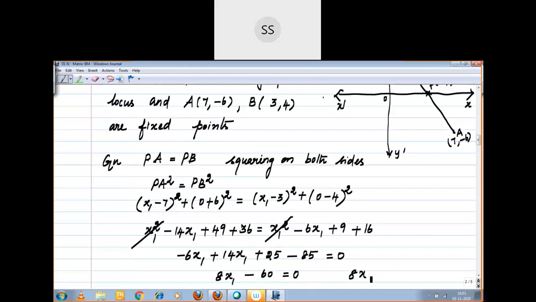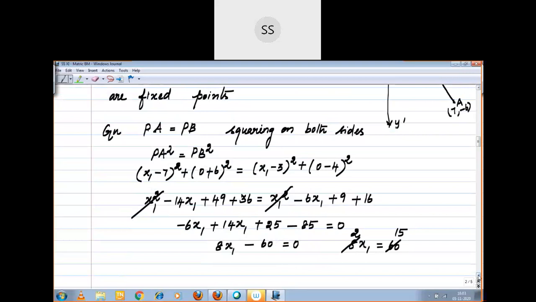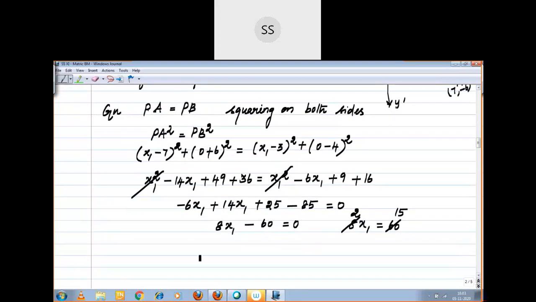Now minus 6x1 plus 14x1, shifting this term to that side, plus 25 minus 85 equal to 0. Now what can you get? 8x1 minus 60 equal to 0. Then 8x1 equal to 60.